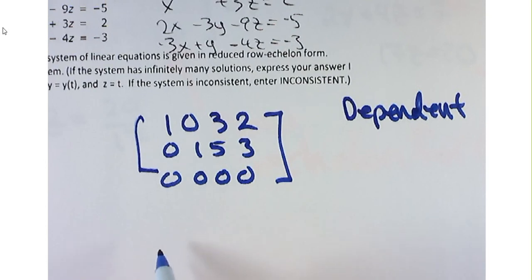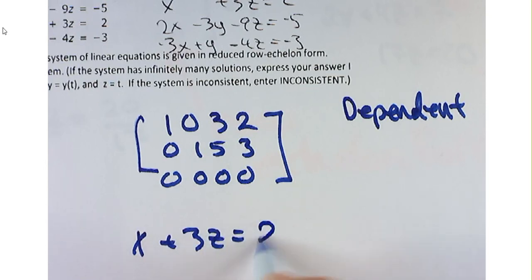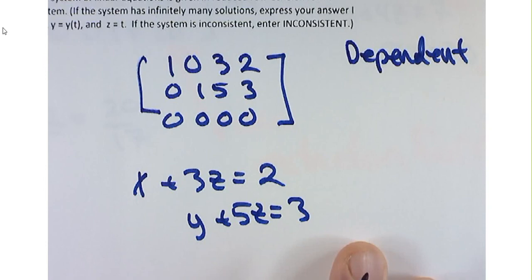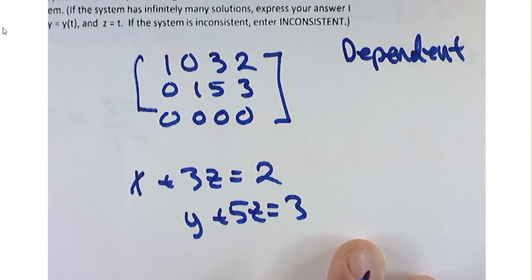So what this works out to be is x plus 3z equals 2, y plus 5z equals 3, and that's it. That's all the equations we've got.